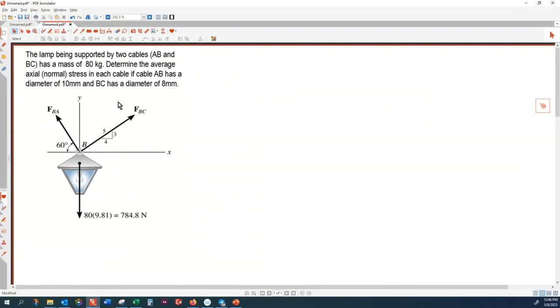I can either choose the Cartesian method. In the Cartesian method, you have to break the forces into components and set net forces horizontally equal to 0, net forces vertically equal to 0. There are two unknowns, you can solve them. The other approach is you can do a construction by triangle. First you draw this vertical force of 784.8 Newton.